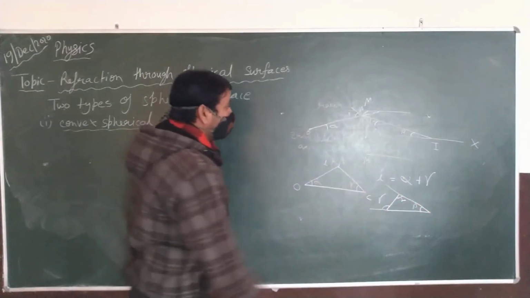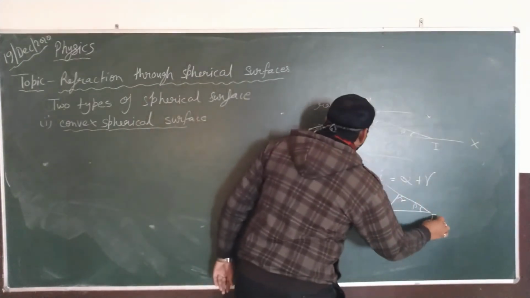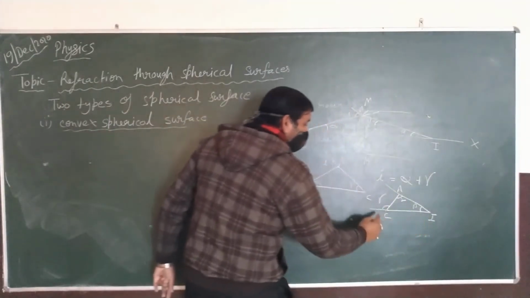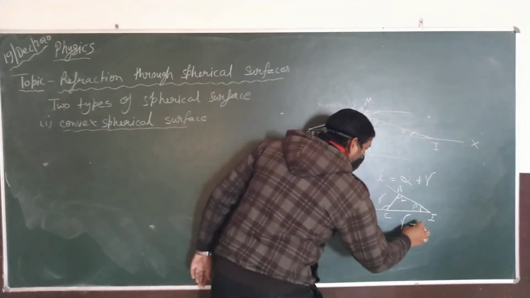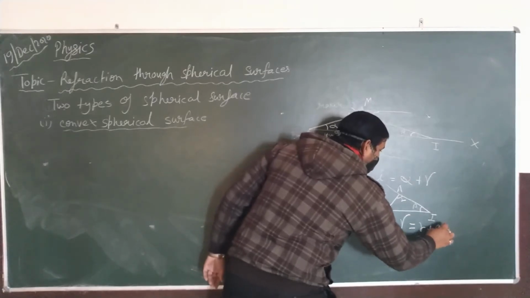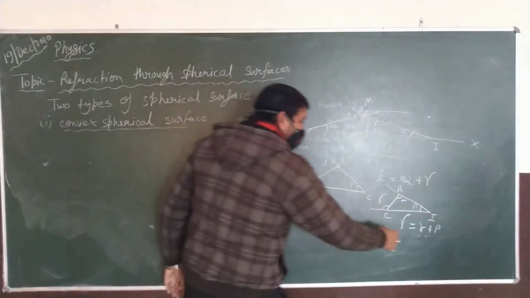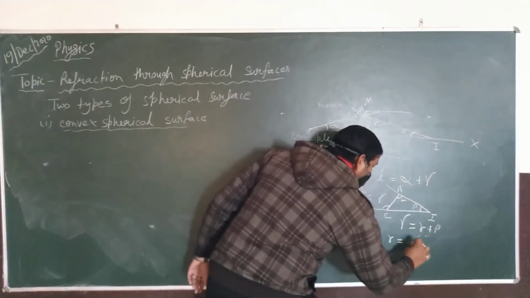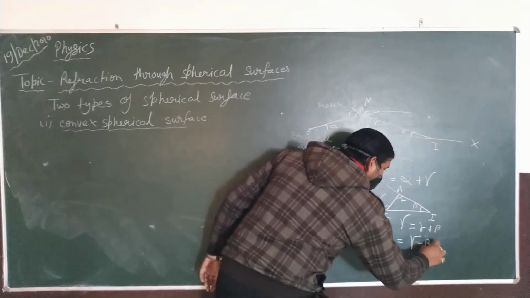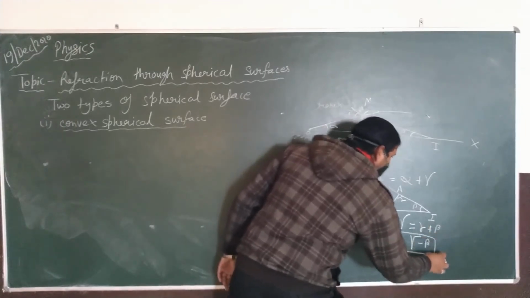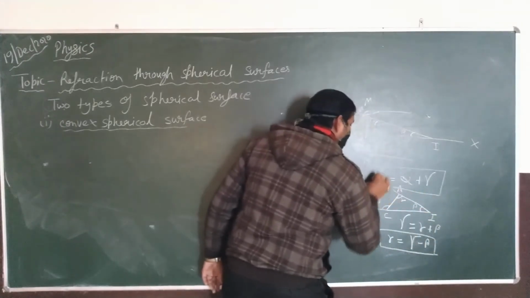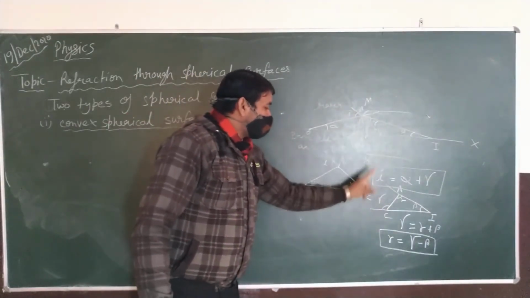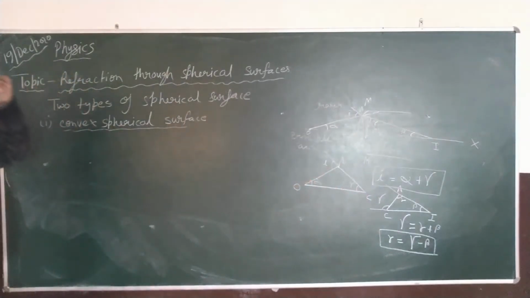It is clear? In triangle CIA, by using this triangle you can calculate gamma is equal to r plus beta. Clear? Therefore you will calculate from here the value of angle r is equal to gamma minus beta. These are the two expressions for the incidence and refracted angles by using the two figures.